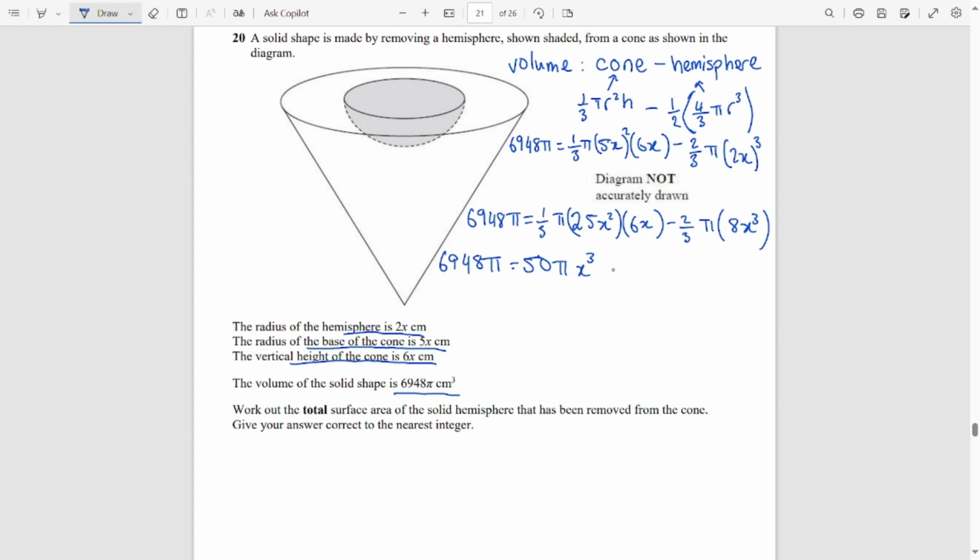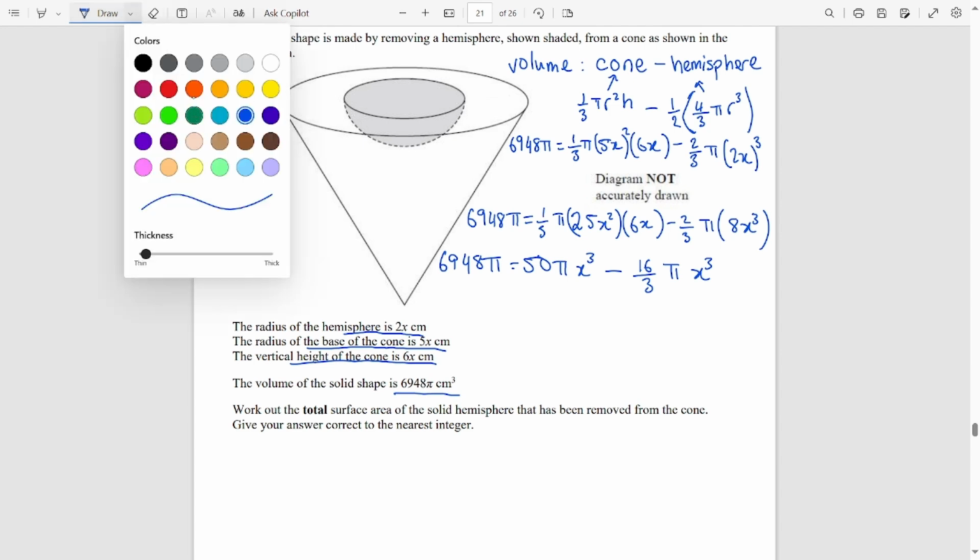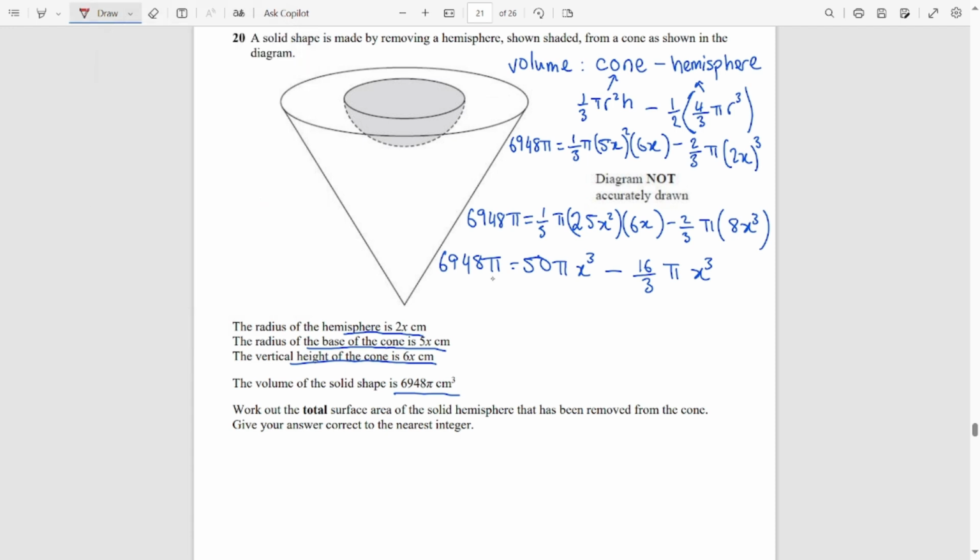Now let's do the same thing for the second part. So you're going to do 2 over 3 times 8. Multiply these numbers together and you will get 16 over 3. Again, pi is going to be left there to cancel in a second. And then the x cubed. Now this is the part where I would say, okay, I have pi everywhere. You could have done it further up, but I think I left it till now for clarity, because now it can be really clear to us that we can divide by pi, divide by pi, divide by pi.